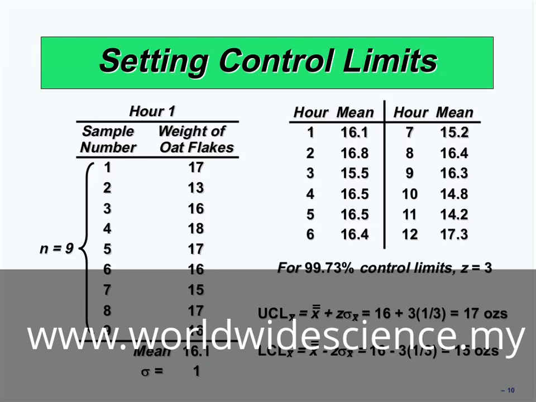For example, you are working in a flakes company. The weight of the flakes is very important for them. When you are producing the flakes, you should control the weight. So the important variable in this company is weight. In one hour, for example at 9 o'clock, the operation manager selects a sample.